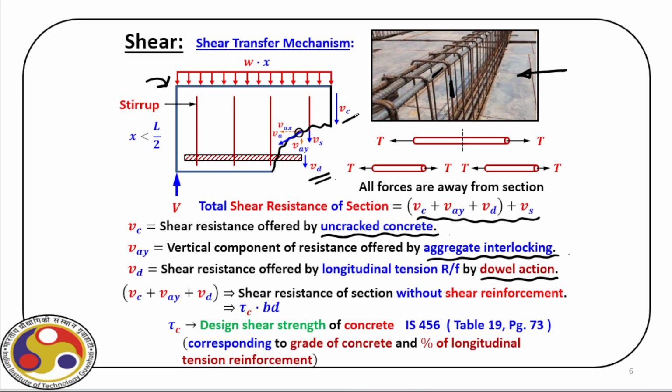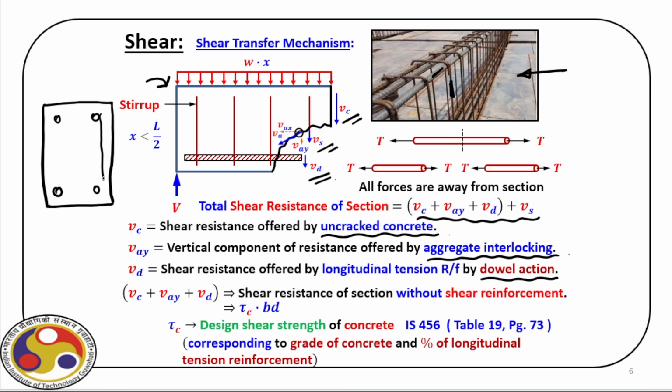So we have VC, we have VD, we have VAY, and then we have VS. This VS is actually the shear resistance provided by these stirrups. Now, if you look at the cross section, we have longitudinal bars here, and then at the top we have longitudinal bars.